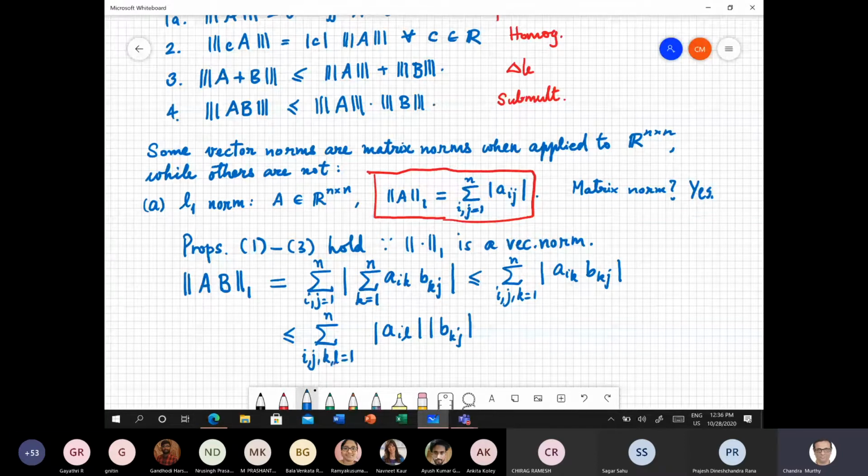Now notice that the first term depends on i and L. It has no j and k in it. The next term has j, k in it but no i or L. So this is actually equal to the product of these two terms: sigma i, L equal to 1 to n mod of AiL, times sigma j, k equal to 1 to n mod of Bkj.